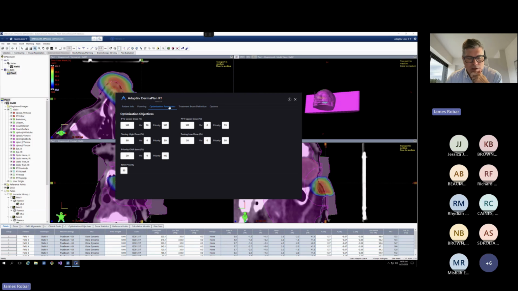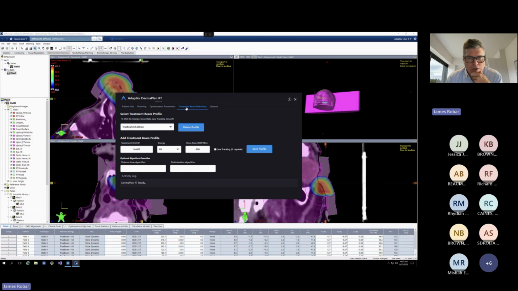We worked very hard at finding a simple but effective class solution for optimization. So that's in the background here, including normal tissue optimization. You can access these if you want to and change them, but we're finding that for like 90% of the cases, that's not necessary. You might also wonder, how do you set this up to use your particular treatment unit in Eclipse?